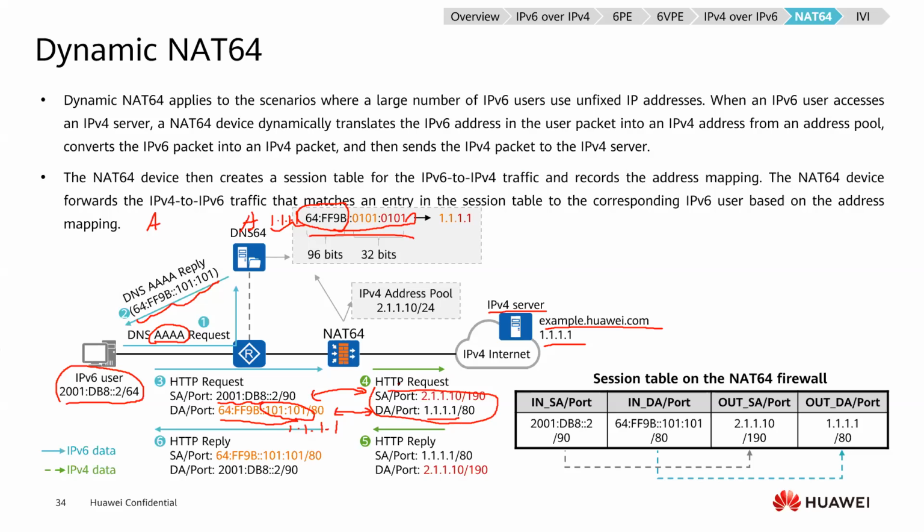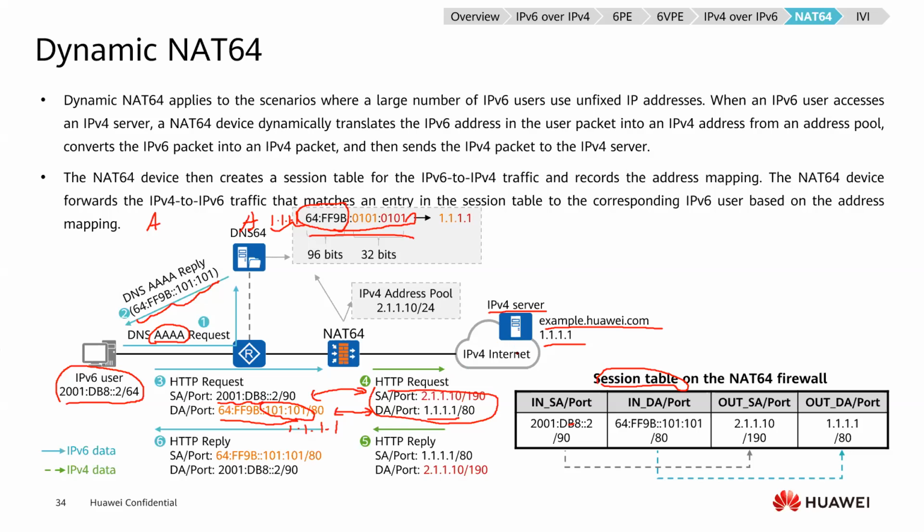After it gets the packet, it will also create a session table on the firewall. The session table maps the source IPv4 address to the source IPv6 address, and the destination IPv4 address to the destination IPv6 address, just like this. Then the request is sent to the v4 server.